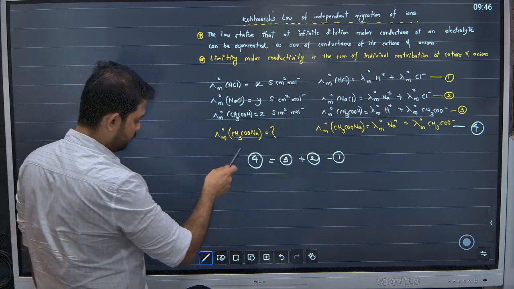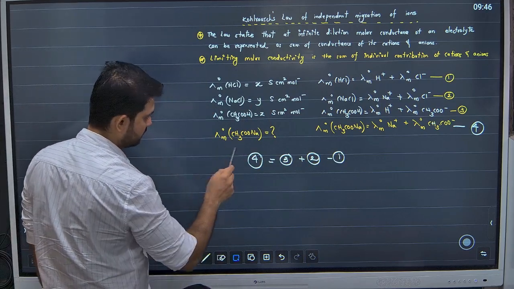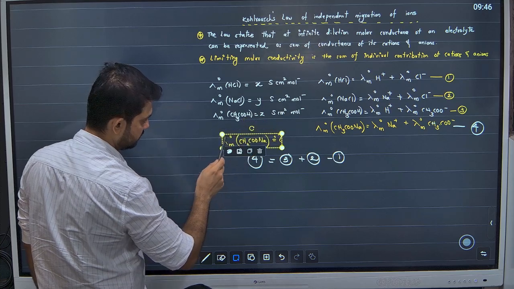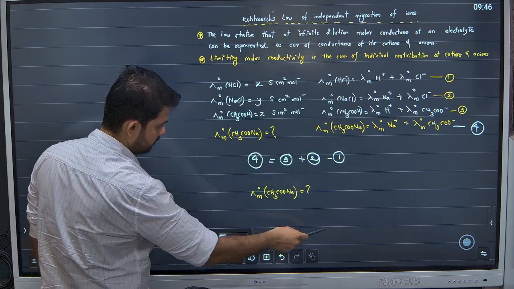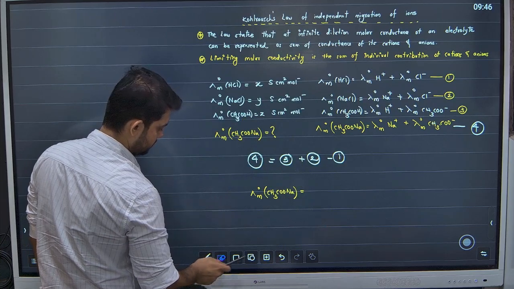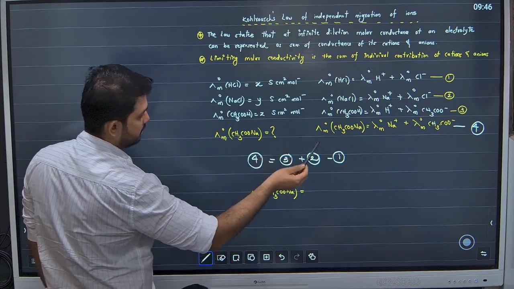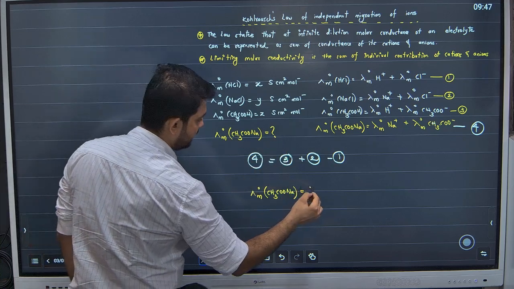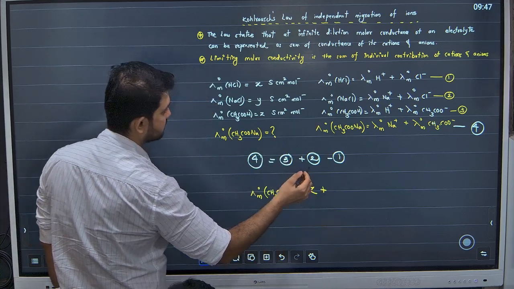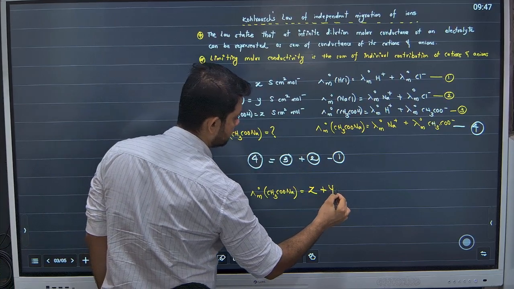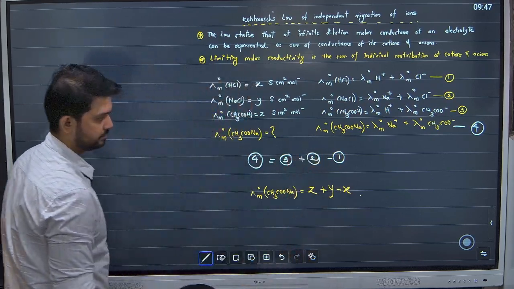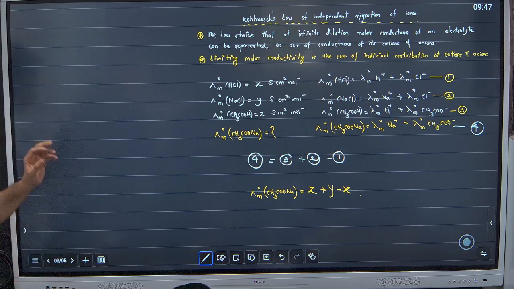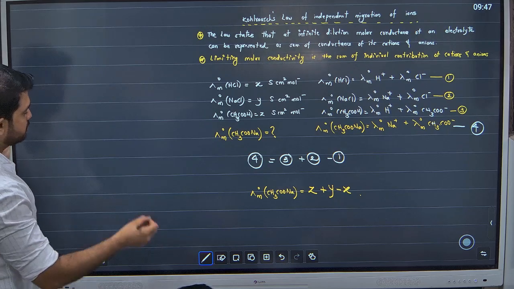And similarly, what will the value be? For equation 3 we wrote Z, plus Y. Did you people get that? Yes or no? It can be anything like this.